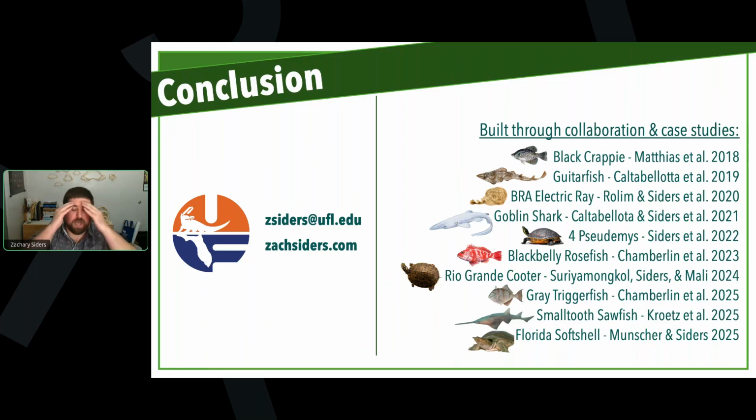Yeah, that was part of where Fabio and I, coming out of doing a bunch of this elasmobranch stuff, were trying to get a snapshot of what was happening in the literature of how these models were being used in sharks and rays.